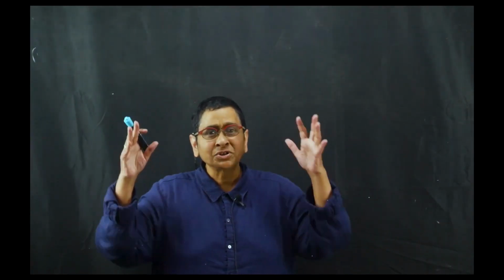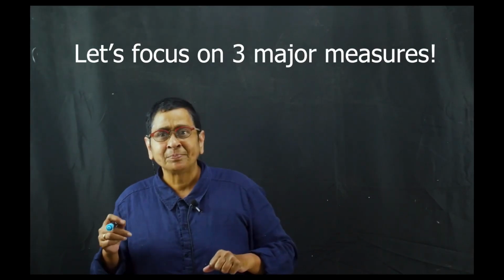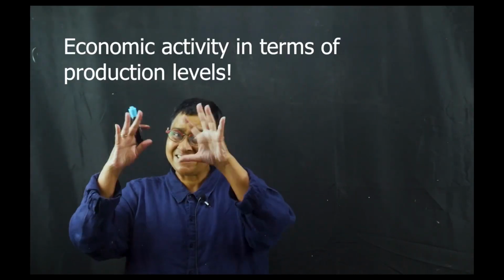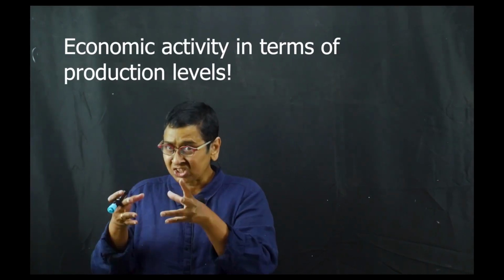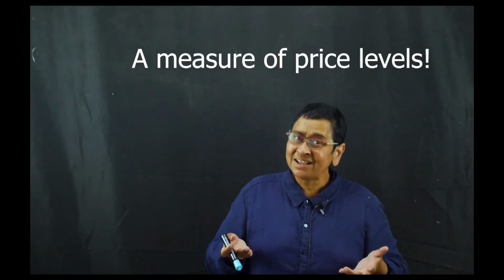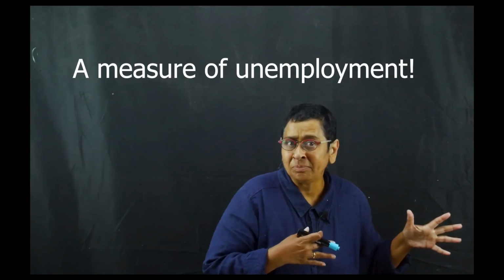And so we're going to focus on three major measures. The first is going to be a measure of economic activity in terms of production levels. The second is going to be a measure of price levels. And the third is going to be a measure of unemployment. All right, so three measures.